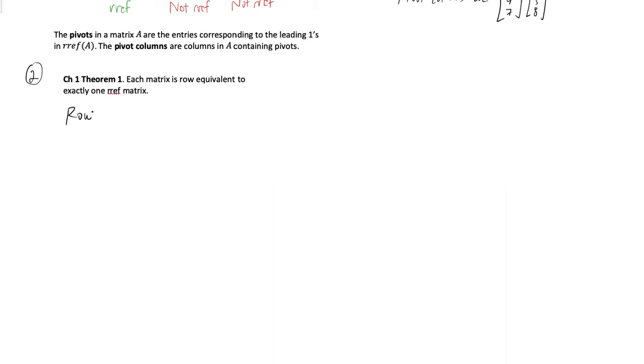So using this theorem, row equivalent matrices have the same solution. This is what we talked about last time. So we put a matrix into rref to find this solution.